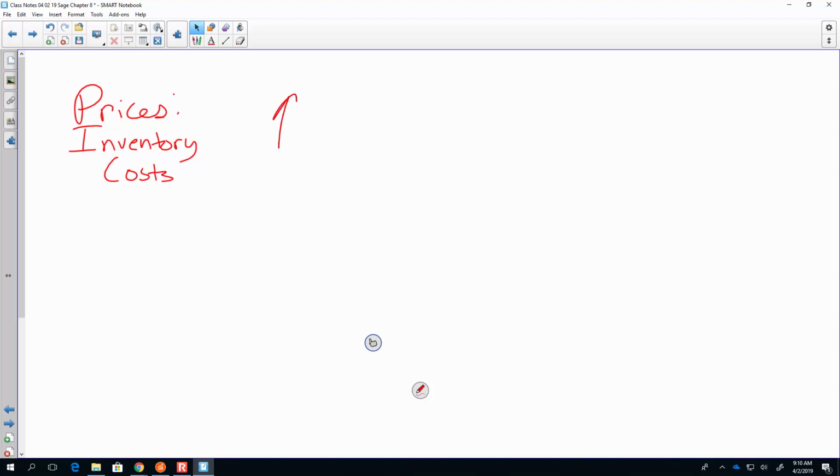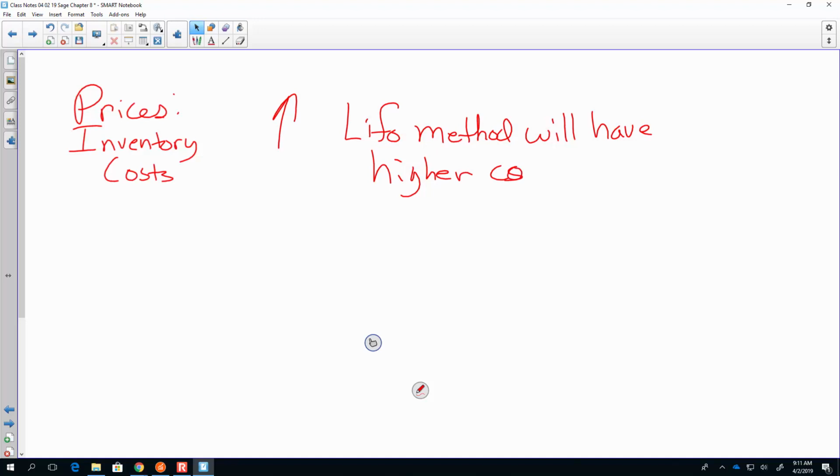When inventory costs are going up, LIFO method will have the higher costs in cost of goods sold. Right? When prices are going up, and that's the tax gain here.